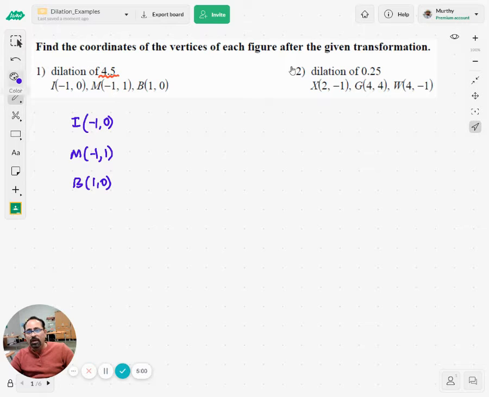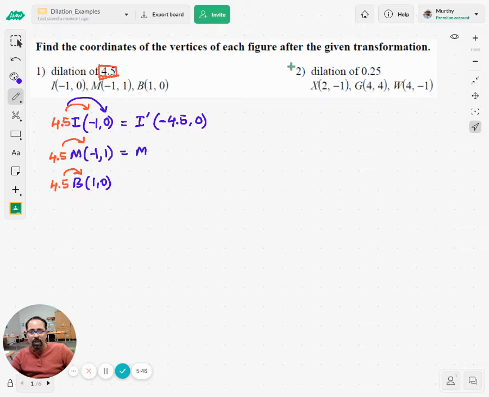Now, I see that the scale factor is 4.5. So each and every point is to be multiplied by 4.5. When I multiply the x value and y value by 4.5, I get I' equals 4.5 times negative 1, so it's -4.5, and 4.5 times 0, that gives me 0.